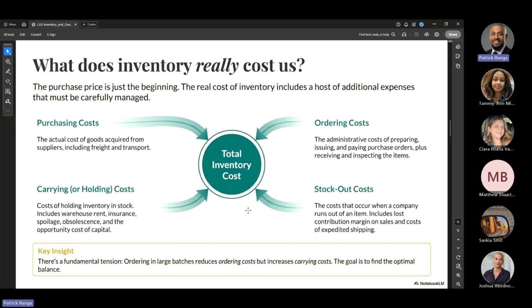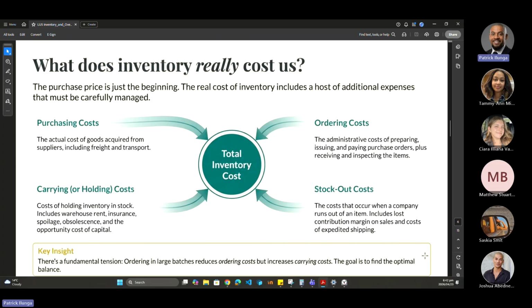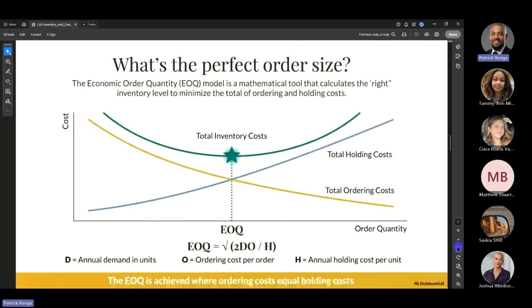Not only do we need to have the stock and not run out of stock for our production, but we also want to reduce the ordering cost and the carrying cost. And that's where we come to a very important notion, the economic order quantity.